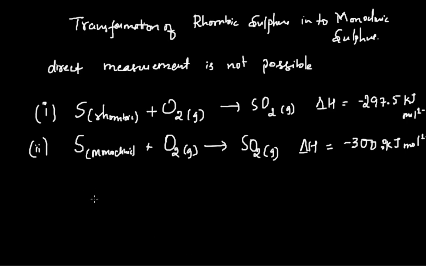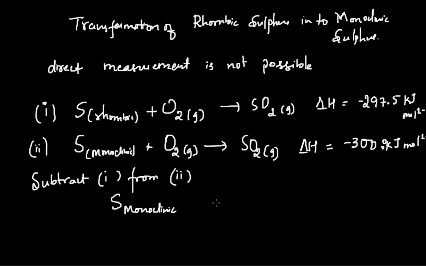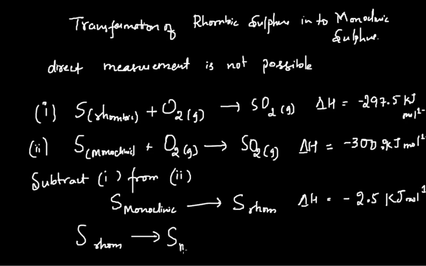Now, how do we get from rhombic sulfur to monoclinic sulfur? Simply we subtract 1 from 2, so you get monoclinic to rhombic, and your delta H is minus 2.5 kilojoules. Or if you go from rhombic to monoclinic, delta H is plus 2.5.